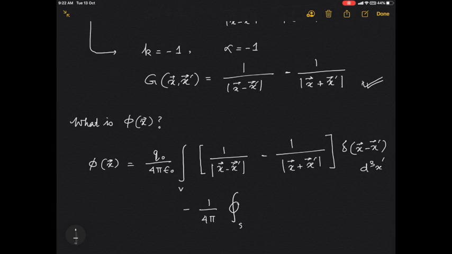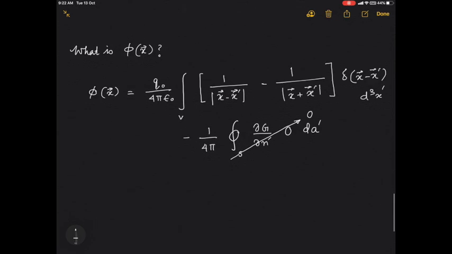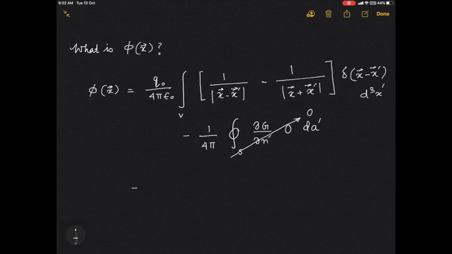and then I have a surface integral which is del G del n prime, which I have not calculated, but at the surface phi equals 0. So this times 0 dA prime. So obviously if I multiply anything by 0, it's going to be 0 only.